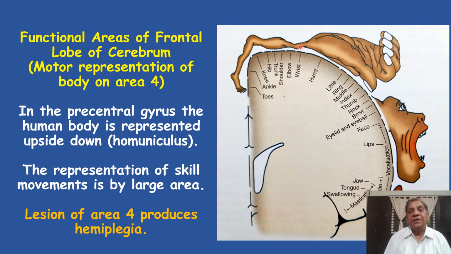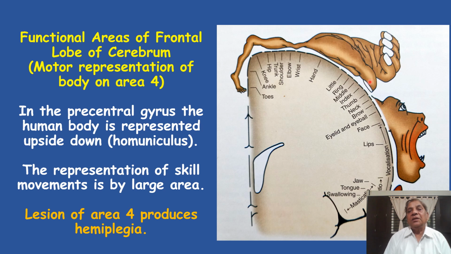A very small area is devoted to the arm, forearm, trunk, thigh, and that of the leg and the feet, which is on the medial surface of the frontal lobe. This diagram is called the homunculus, and this represents the functional area representation for the skeletal muscles. Actually, movements of skeletal muscles are represented.